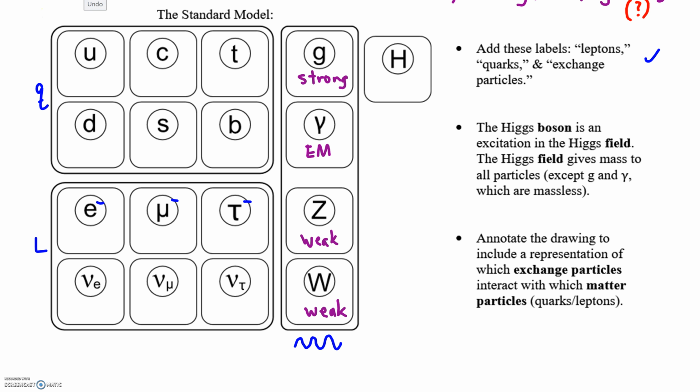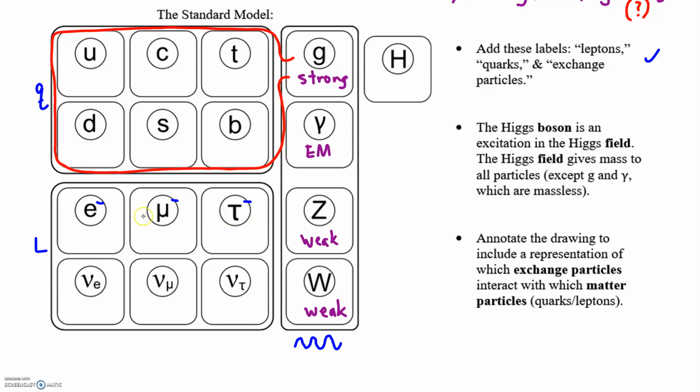Okay. So the strong force, gluons, act on what? Just quarks. The electromagnetic force, these photons, this force or interaction acts on anything with charge. These are all negatively charged, -1, right?